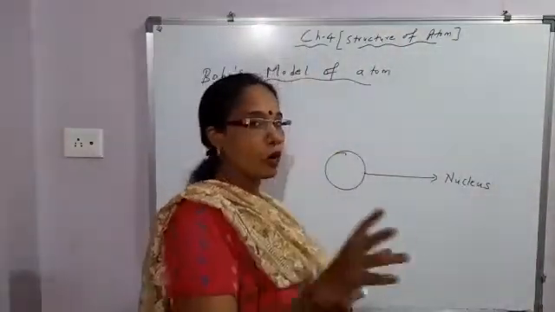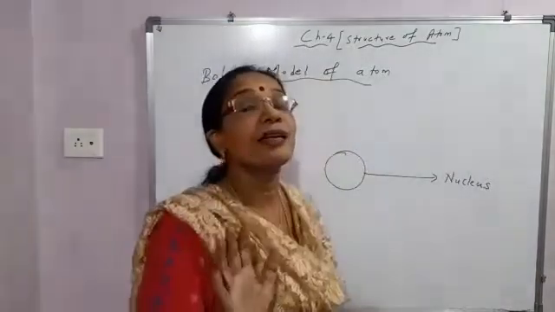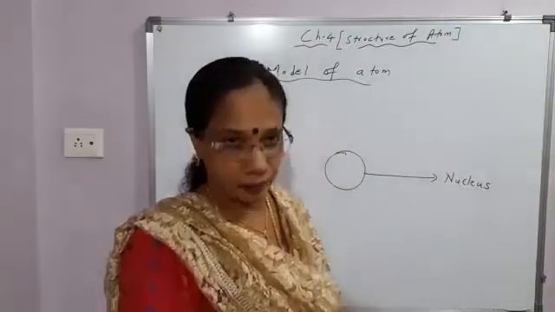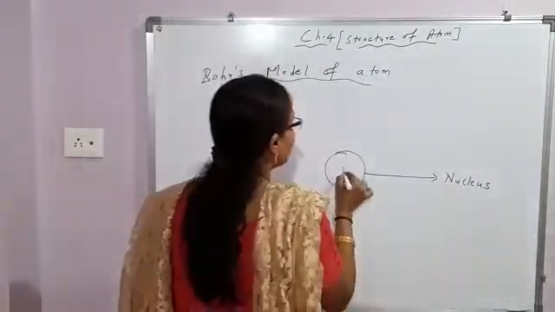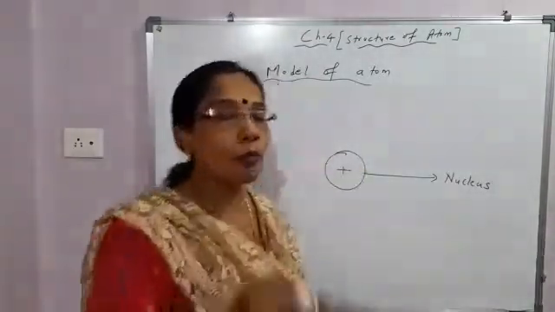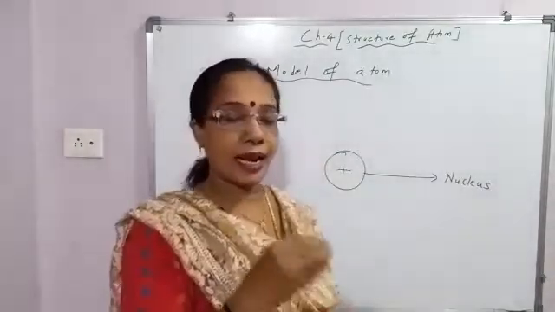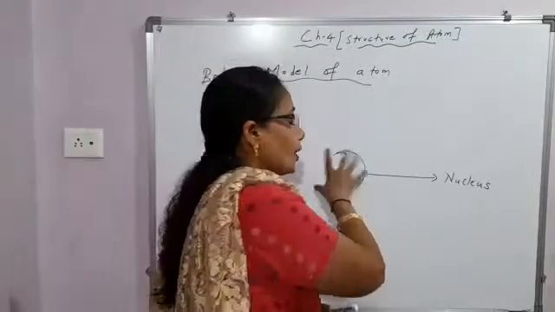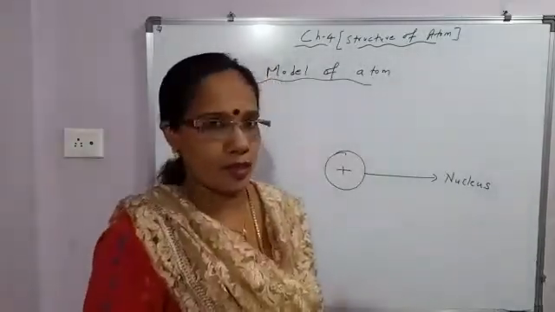These are the two subatomic particles present inside the nucleus. And where is the nucleus present in an atom? In the center. It has protons and neutrons inside it. As the proton is positively charged, I am showing a positive sign inside the nucleus.